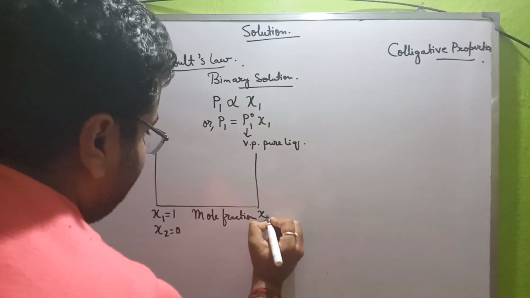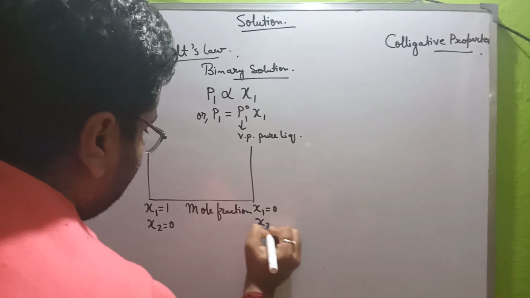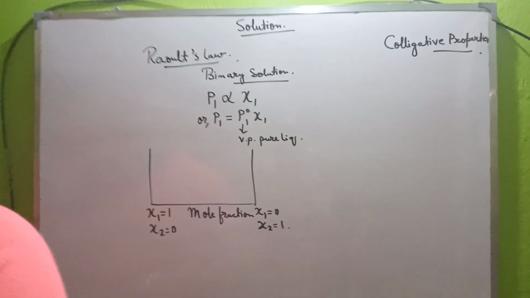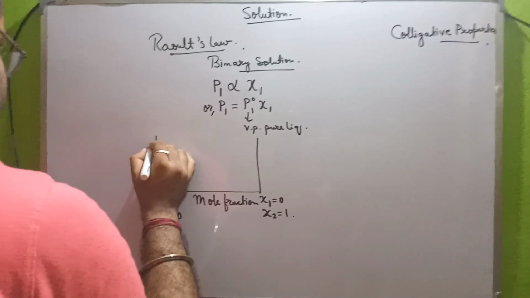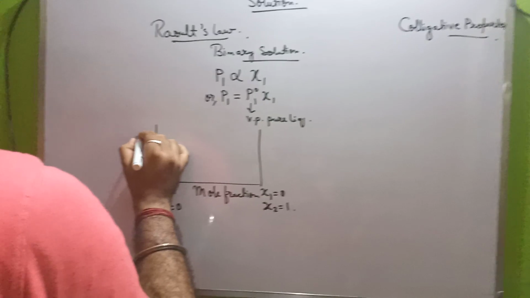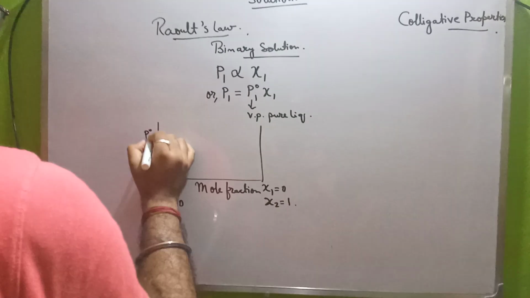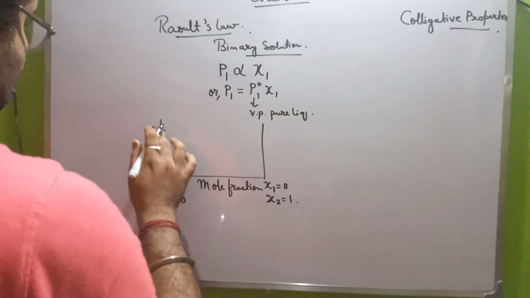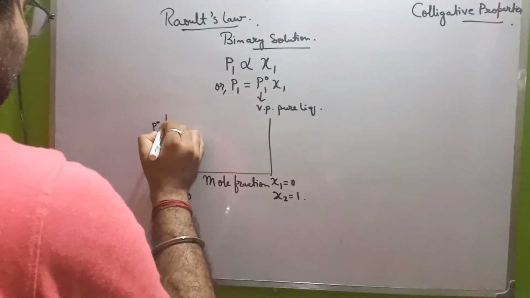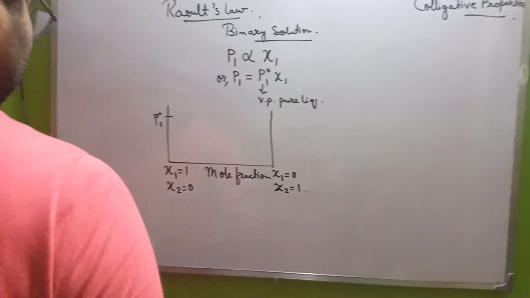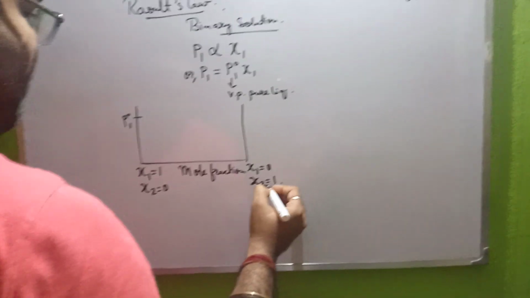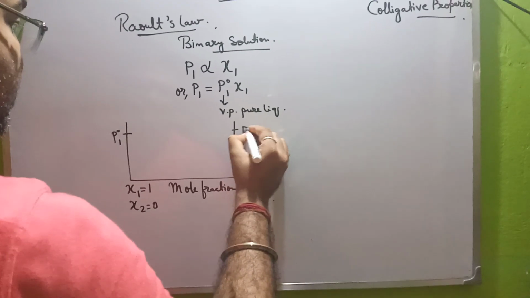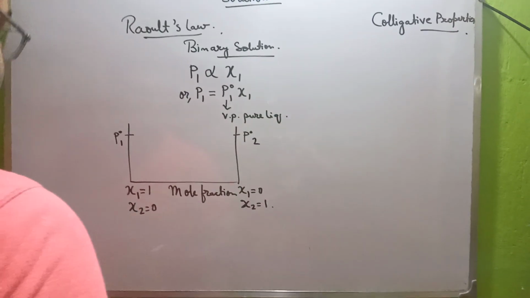Similarly over here, if x1 becomes 0, then x2 will be 1. Now since x1 is 1, the pure vapor pressure over here of the solute or the solvent, whatever you take, will be marked over here as the maximum one, since mole fraction is maximum over here. So for x2, the pure vapor pressure of x2 will be maximum over here.